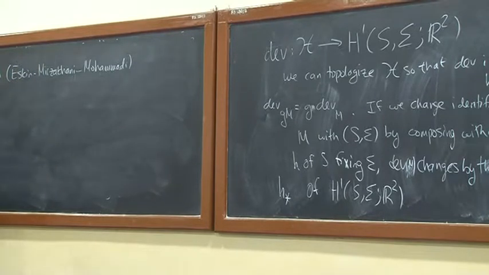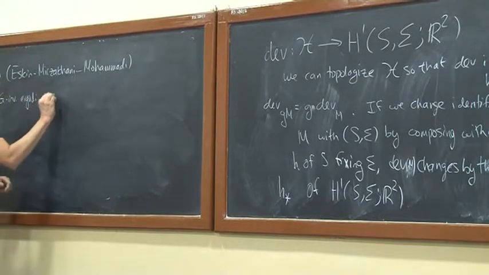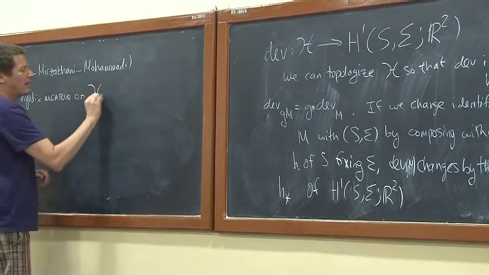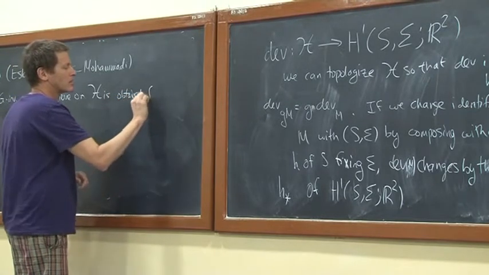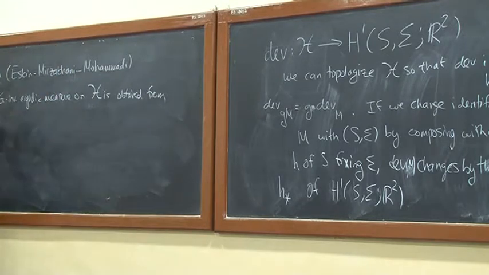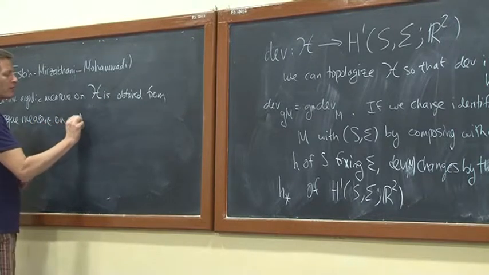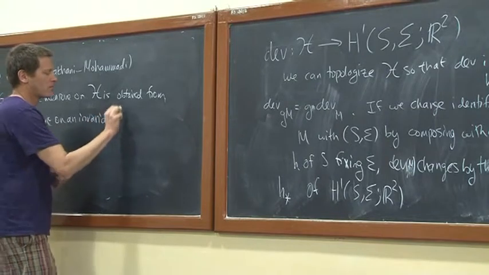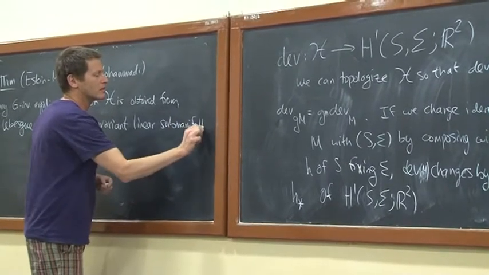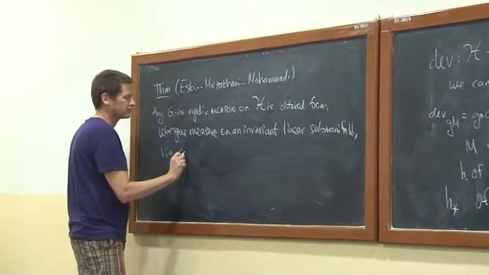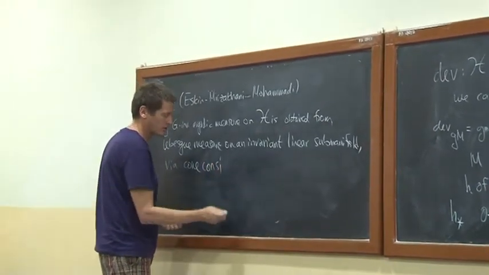And the theorem says the following: any G-invariant ergodic measure on H is obtained from the Weg measure on an invariant linear submanifold via the cone construction. I'll define the cone construction in a second.